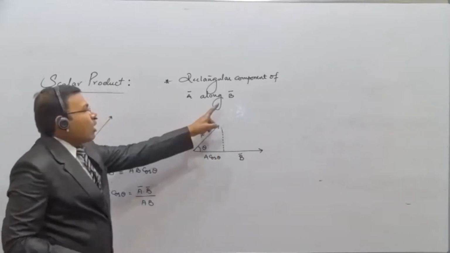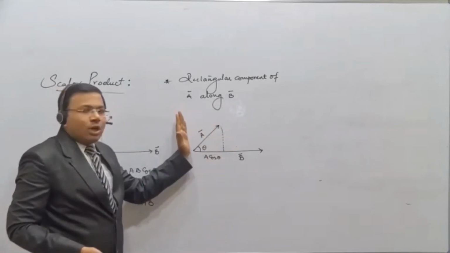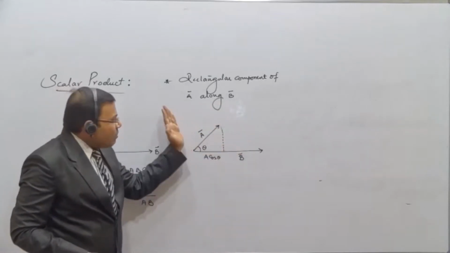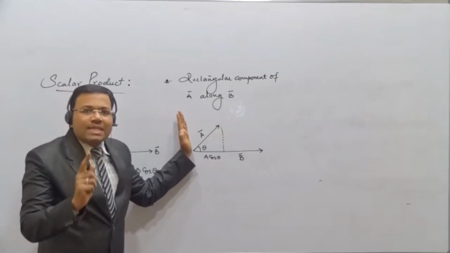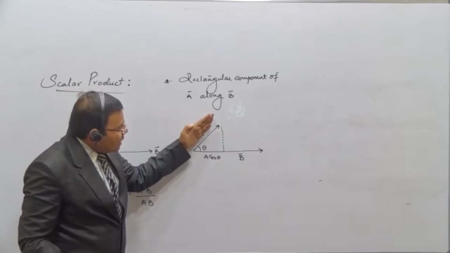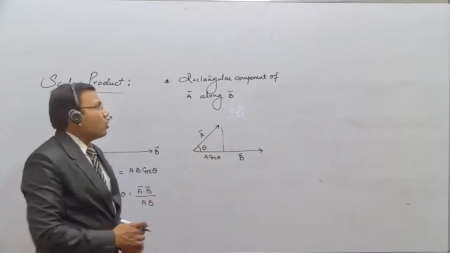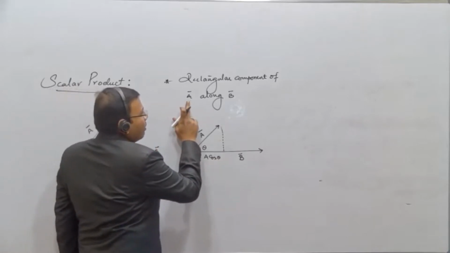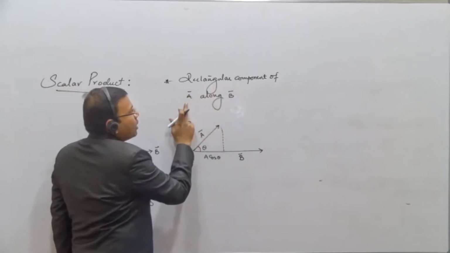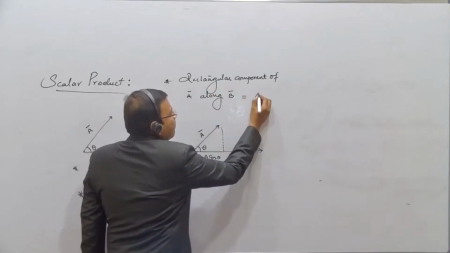That means only along B we are saying, we are not saying perpendicular to B. If it is perpendicular to B, then it will be A sine theta. We are resolving this along this one, so this will be A cos theta. So the rectangular component of A bar along B bar is A cos theta.